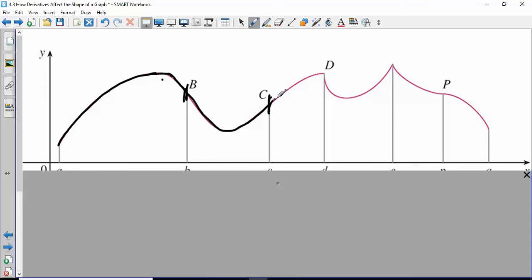From here to here, now my graph's switched and it's curving downward, so that's concave down. This is concave up. What's this section? Still concave up. What about this section? Concave down. Do you understand the difference between concave up and concave down?